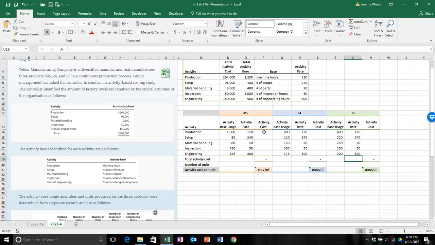And then to get the activity cost, we just multiply. For the M5 under production, they had 1,000 machine hours, and it was $120 per hour. Let's drag that down. So we had total activity cost for the M5 product of $196,000. Do the same for the Z4.